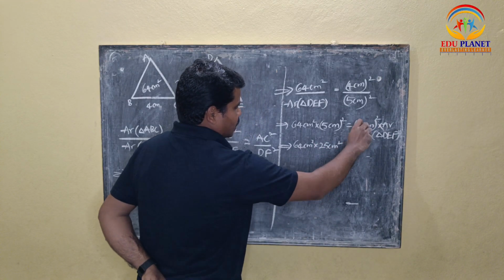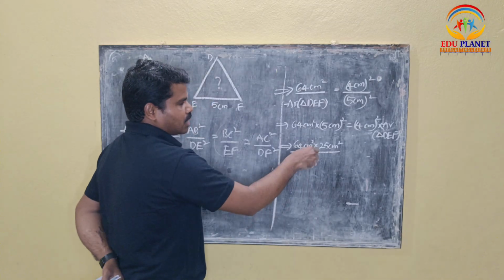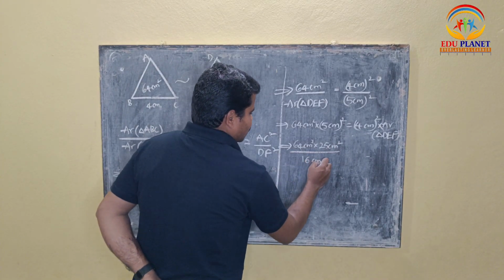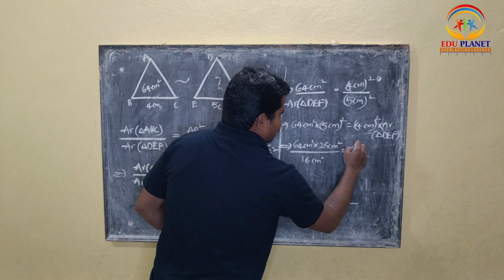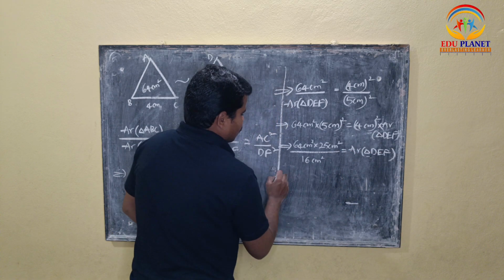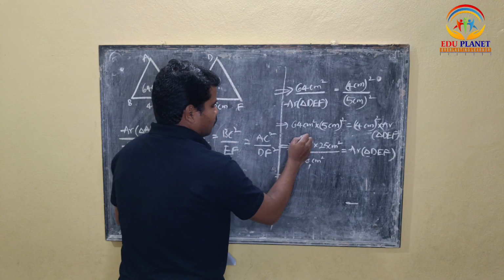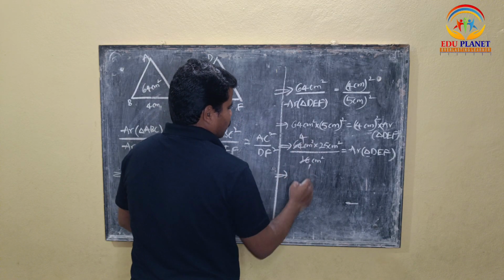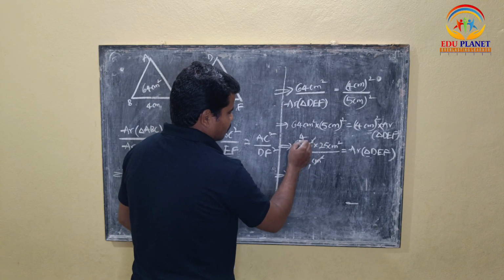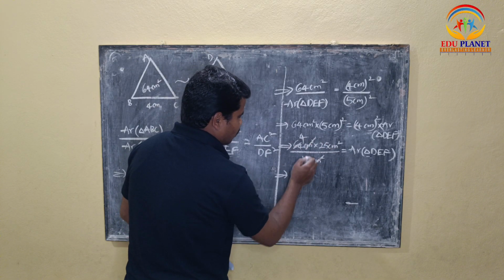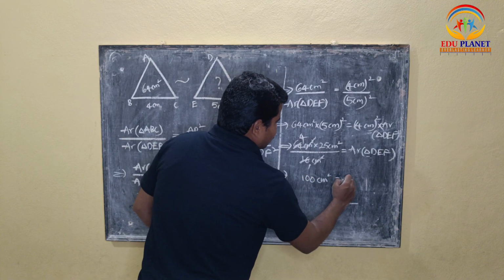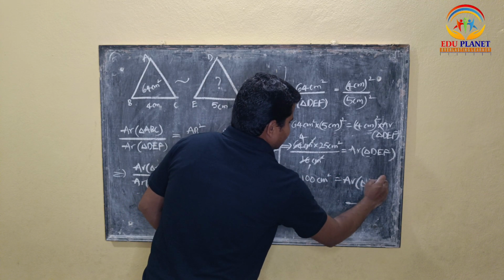Here 4 centimeter square is multiplying; if I bring this side, it will become division. 4 square is nothing but 16 centimeter square equals area of triangle DEF. 16 ones are 16, 16 fours are 64. Next, centimeter square can be cancelled. So what is the remaining value? 4 into 25 centimeter square. 4 twenty-fives is 100 centimeter square, equals area of triangle DEF.